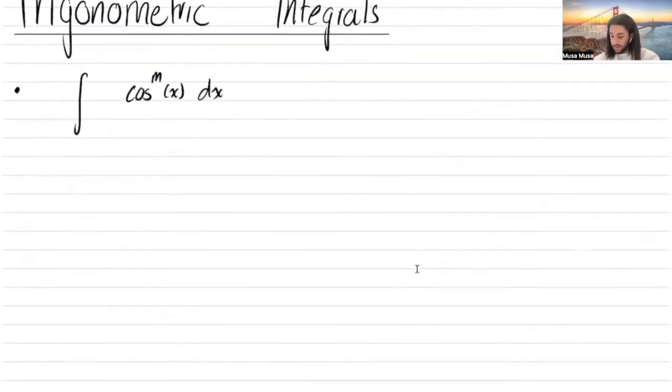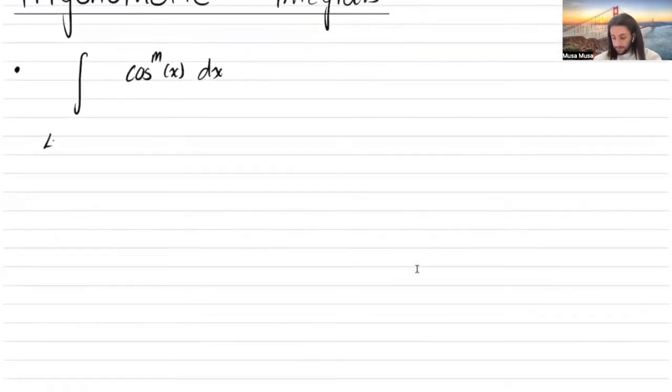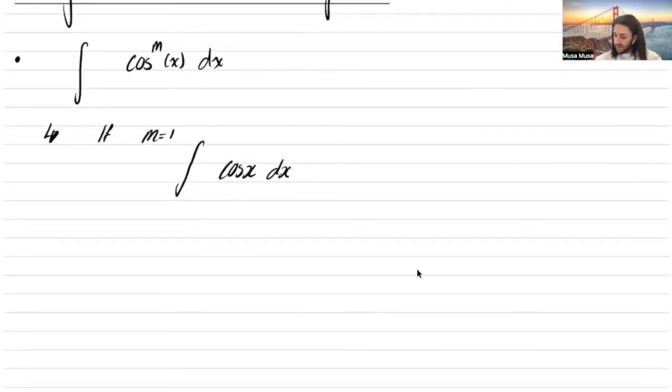Of course we know if m equals 1, we're just going to have the integral of cos x dx. Very nice. Actually, we can just quickly evaluate this as sine x plus c.